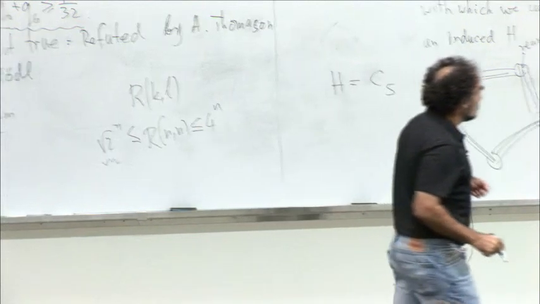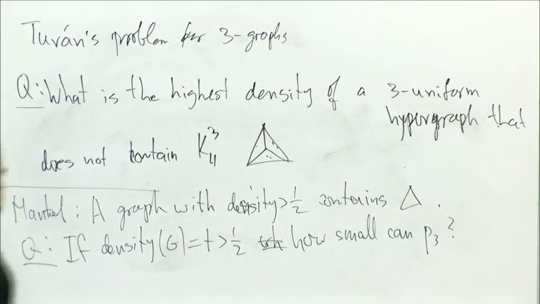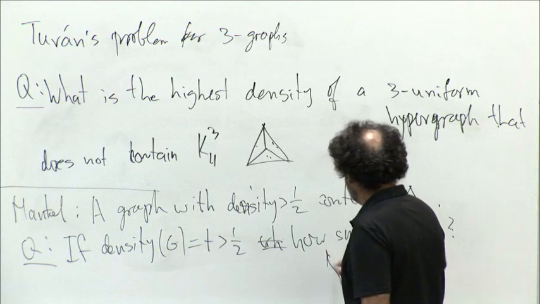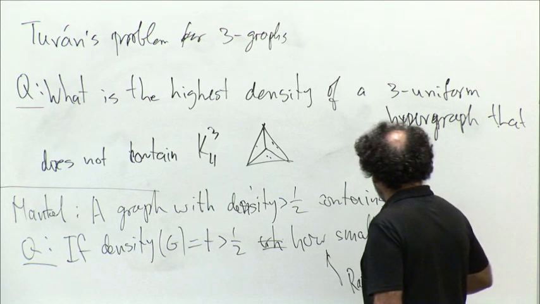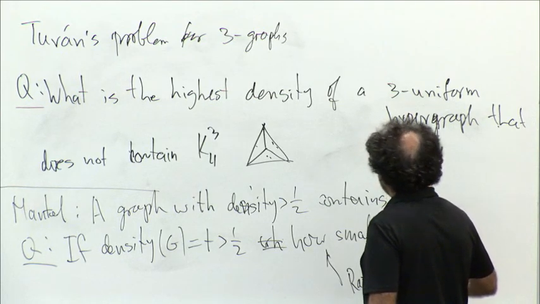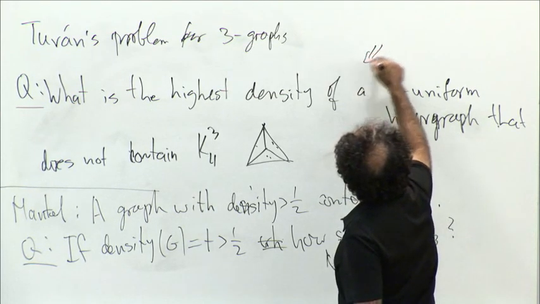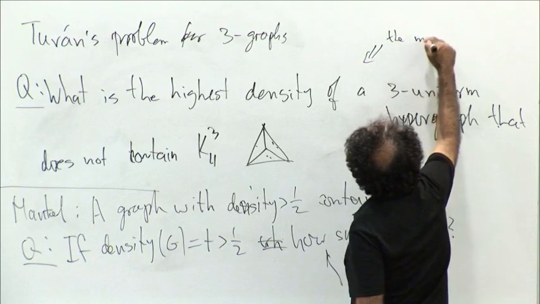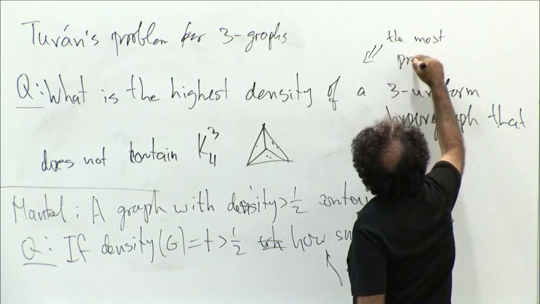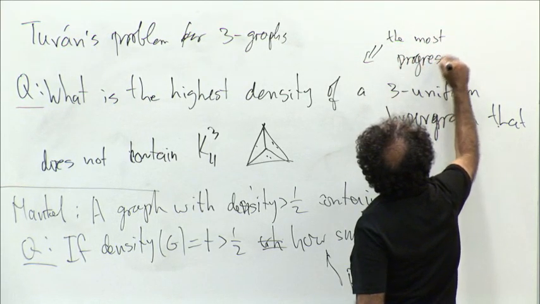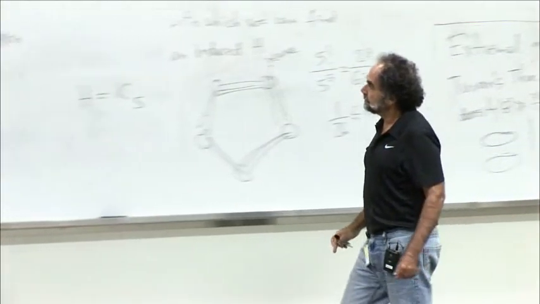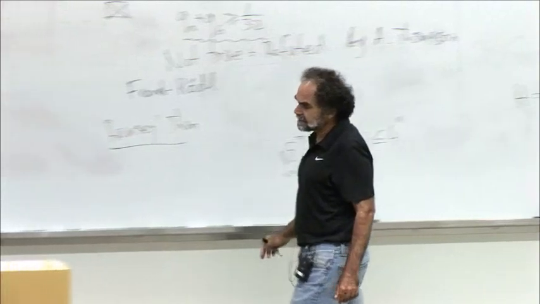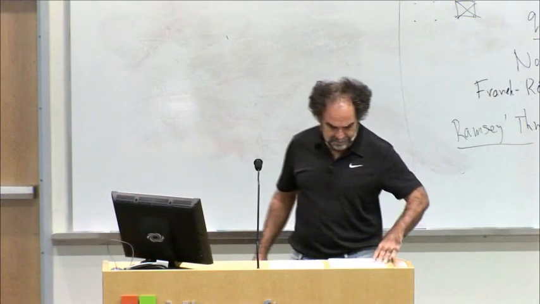And with this, this was completely resolved by Razborov using flag algebras. And here he made the most progress, but this is still open. So that's a very powerful tool that we're able to use in this whole area.